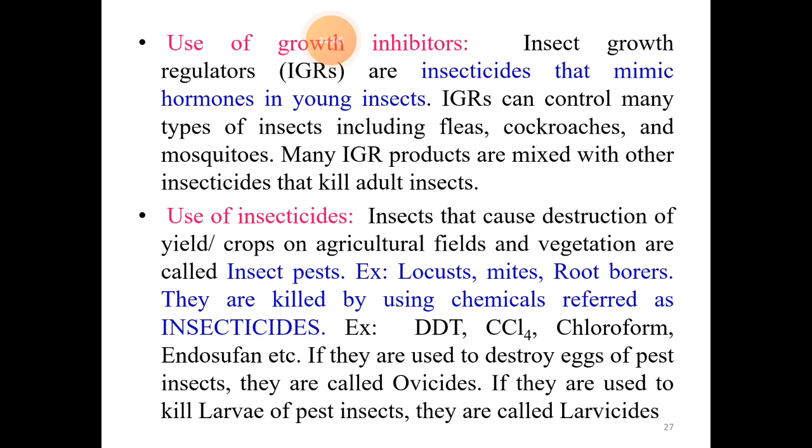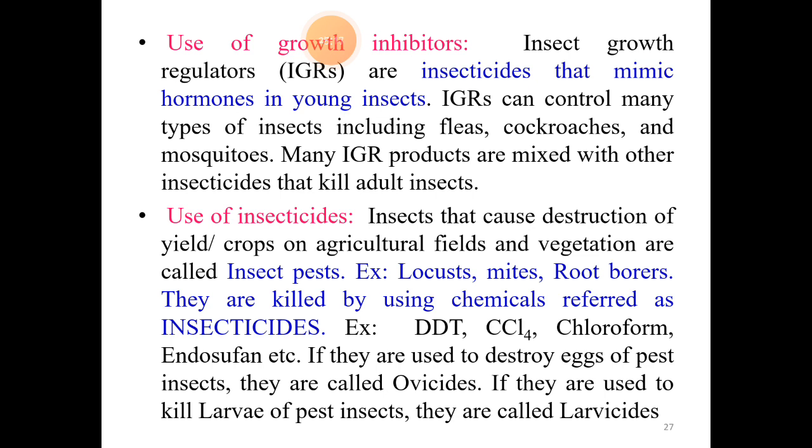Chemicals are also used as inhibitors of insect growth regulators, because these chemicals mimic the IGRs in the flies. So there are chemicals which mimic the action of the growth regulators of the insects, but actually these mimicking compounds are inhibitors of insect growth regulators.